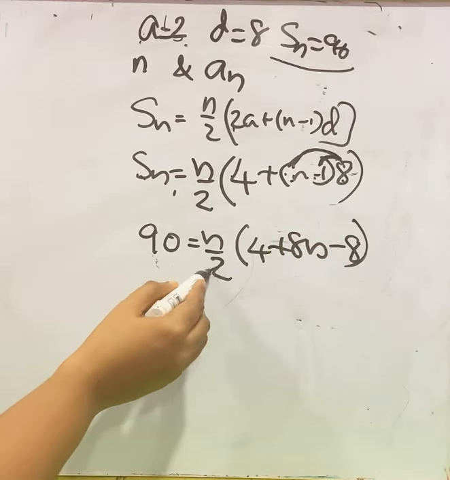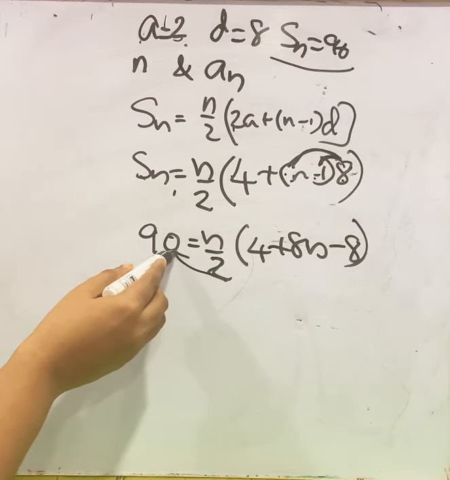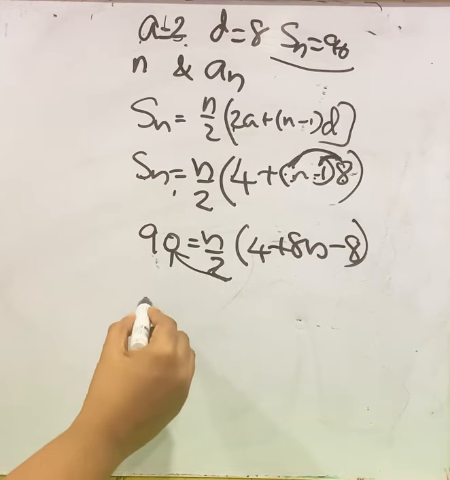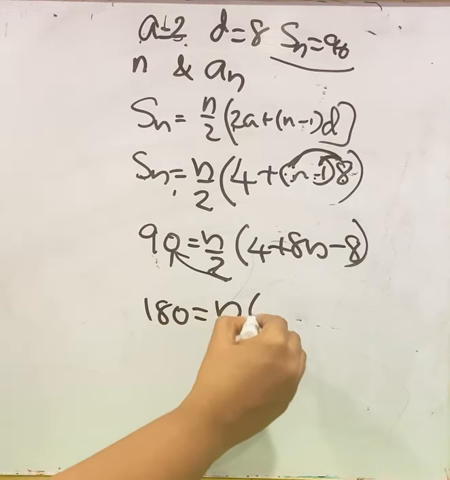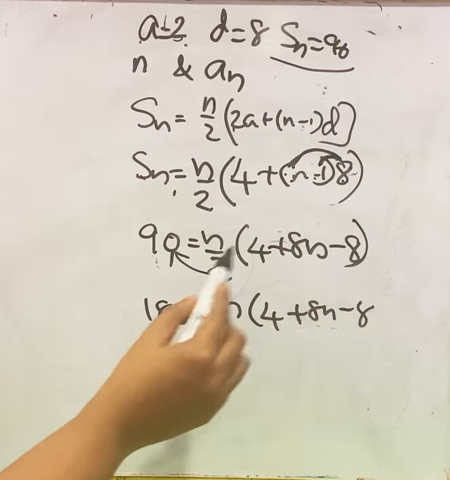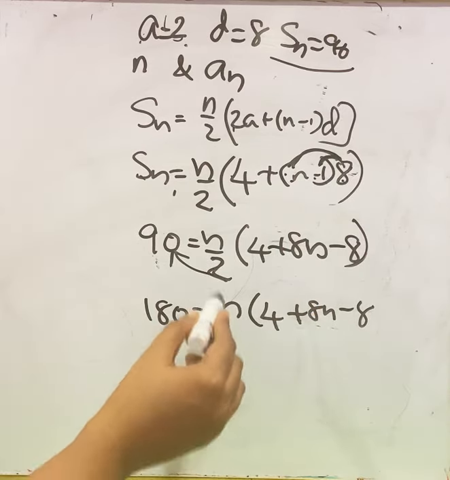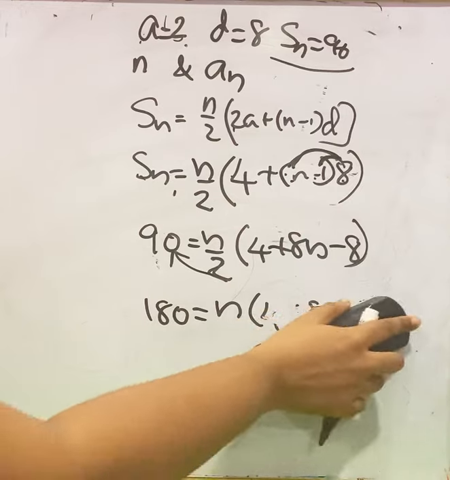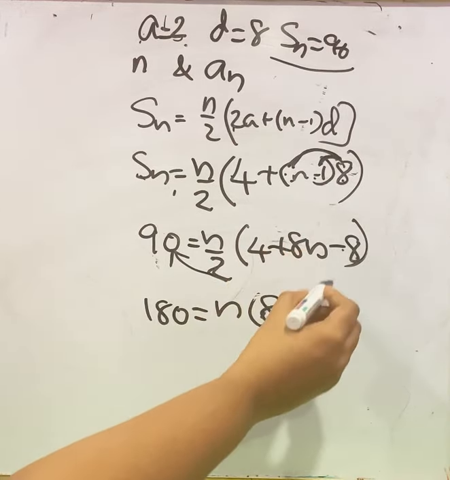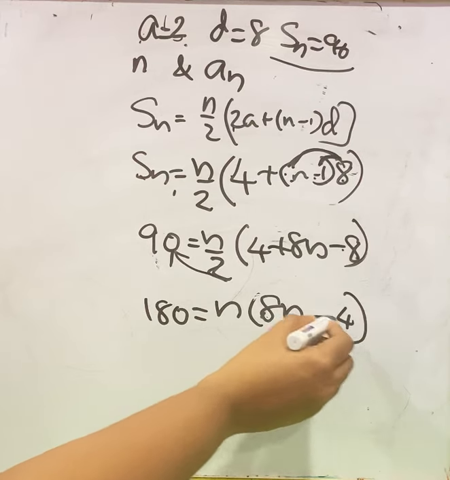Now this 2 is outside the bracket, so you can take it to this side of equal. It goes to numerator. 90 into 2, 180 equal to n into 4 plus 8n minus 8. In that 4 and minus 8 you can calculate, that is negative 4. So inside the bracket we have 8n and 4 plus negative 8 is negative 4.